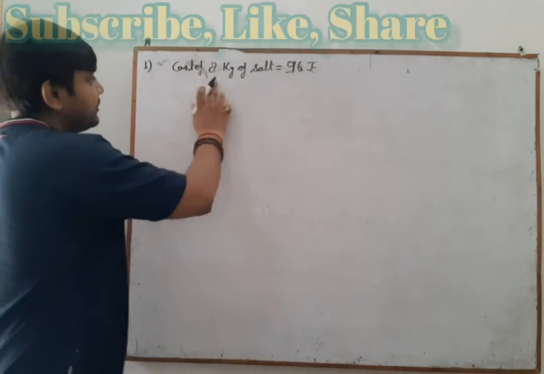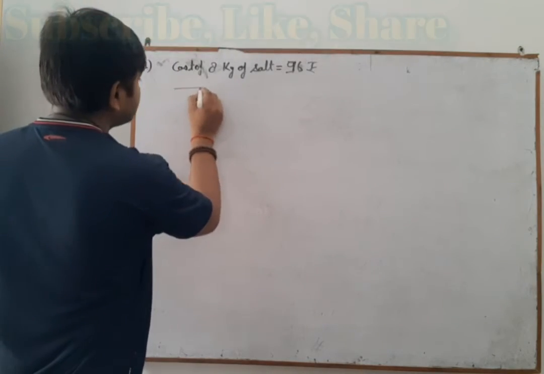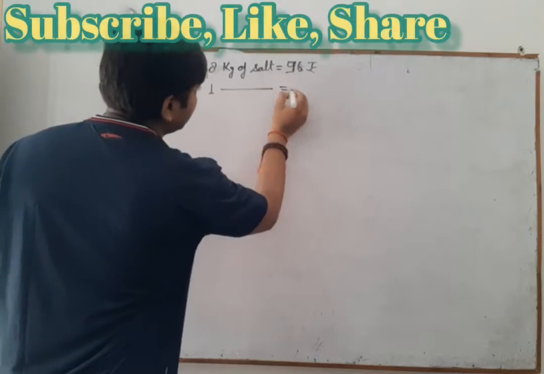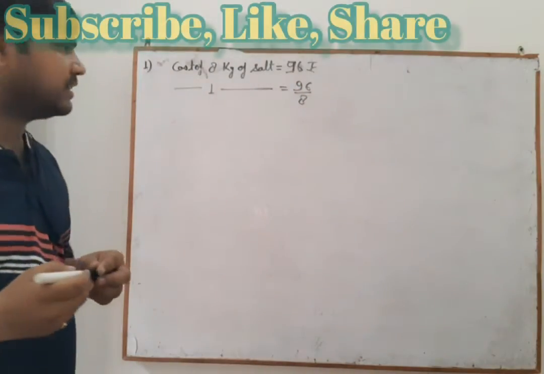If the cost of 8 kg is 96 rupees, then the cost of 1 kg of salt will be equal to 96 upon 8. Listen, please understand here.